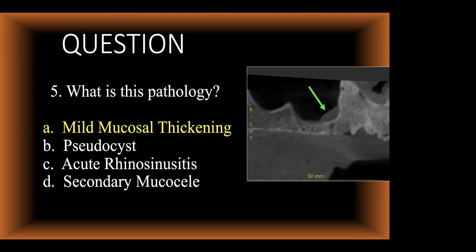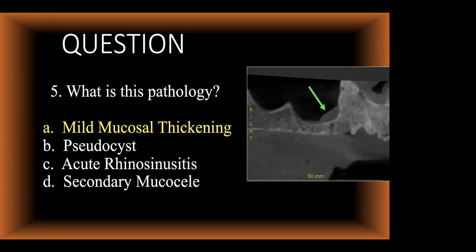We don't see any teeth. So it could be an old pseudocyst, but it's not giving us that dome-shaped normal elevation that we usually look for in a pseudocyst. Is it acute rhinosinusitis?